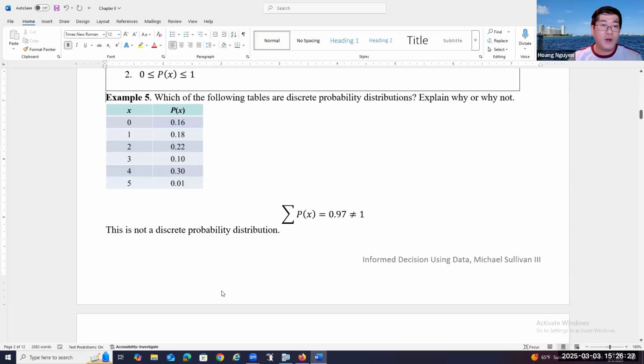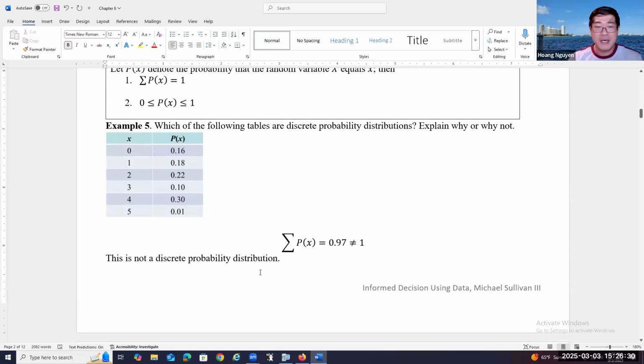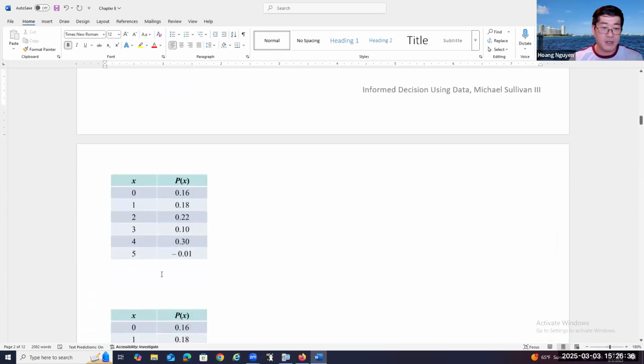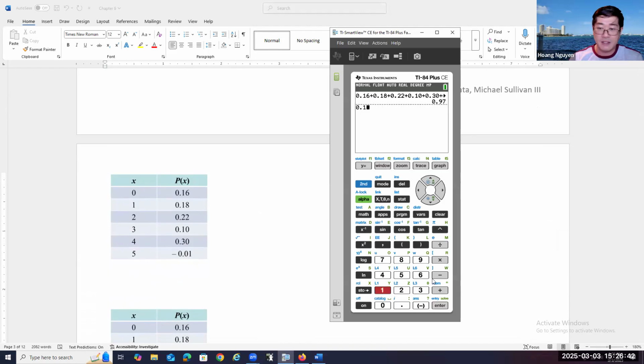Okay. Now let's take a look at the second table. Is this a discrete probability distribution? So now the first condition, let's double check. The first condition: 0.16 plus 0.18 plus 0.22 plus 0.10 plus 0.30 plus negative 0.01.